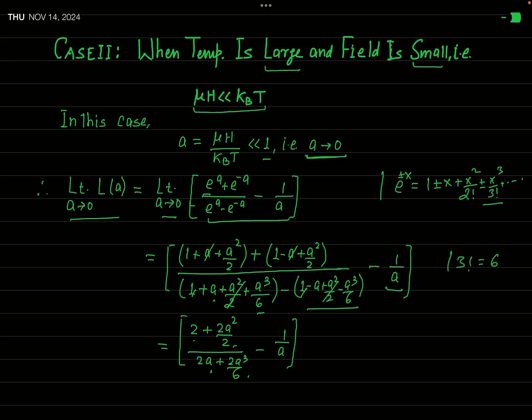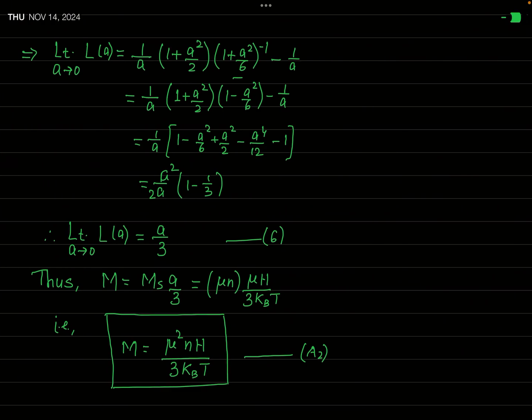Actually in this denominator factor, A has been taken as a common factor, and the 2 will cancel out, and 1 plus A square by 6, this is brought in the numerator, so the power is minus 1.